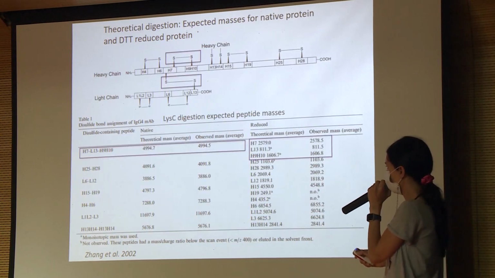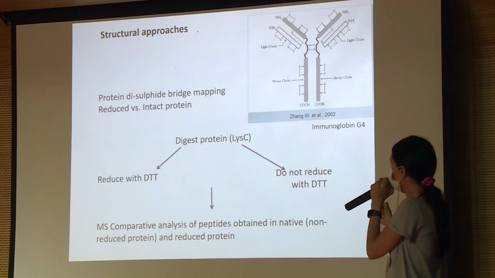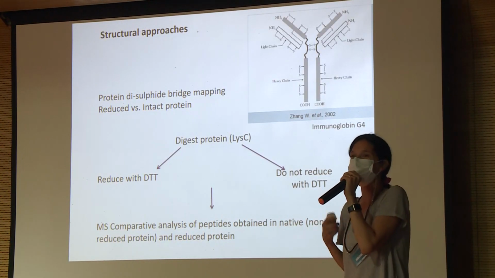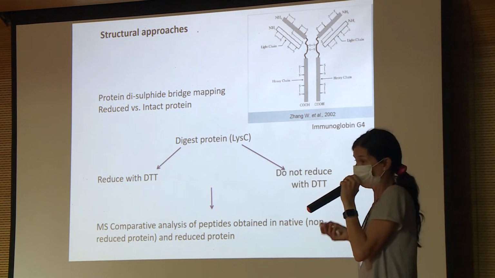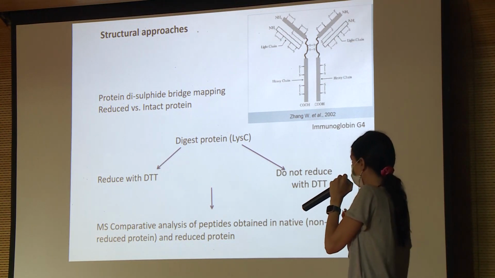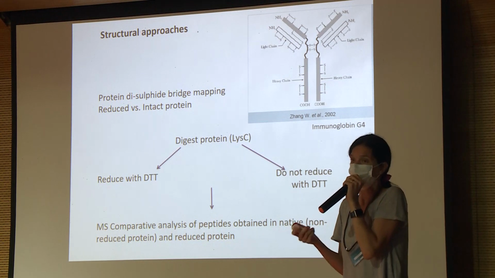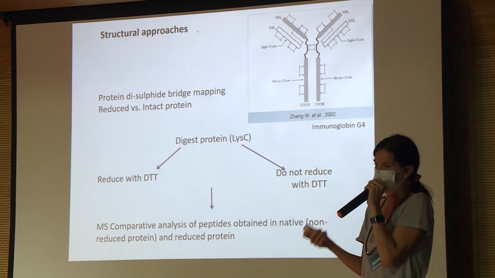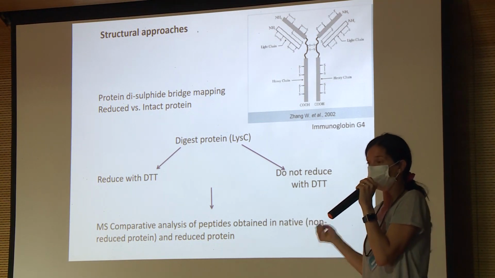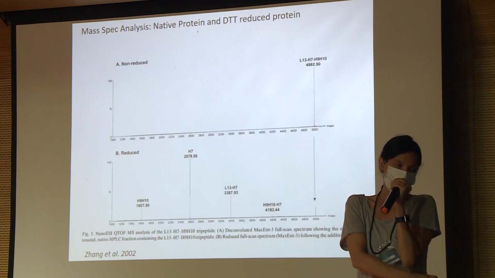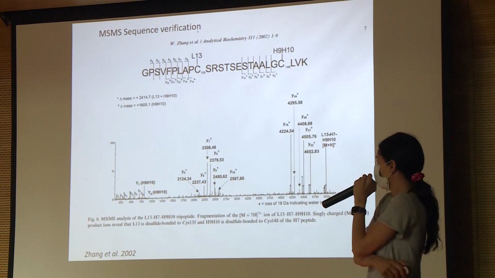Of course, if you want to do this for this huge molecule, it's going to be a very long work, but we do it many times, and you can map all the disulfide bridges and the sites.